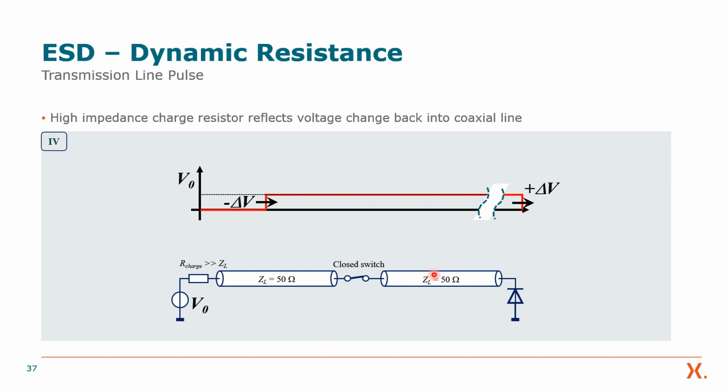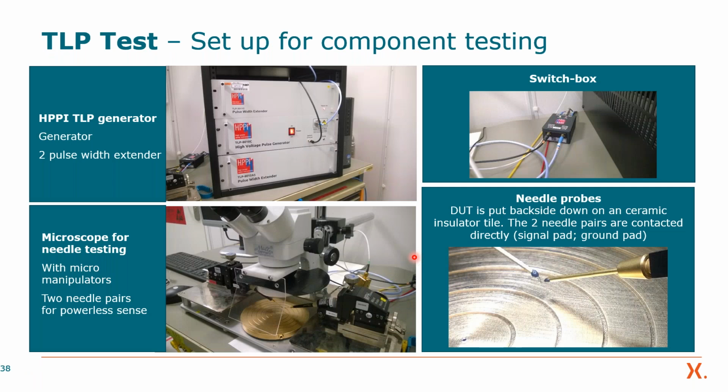Because it's a 50 ohm line, what will also happen is that parts of the pulse are going to be reflected and they are absorbed in the generator. So you don't have this back and forth bouncing effect you have when you use an ESD gun with a long cable. Okay, so this is the theory. In practice, the device looks like this. So here, this is the generator for the pulse.